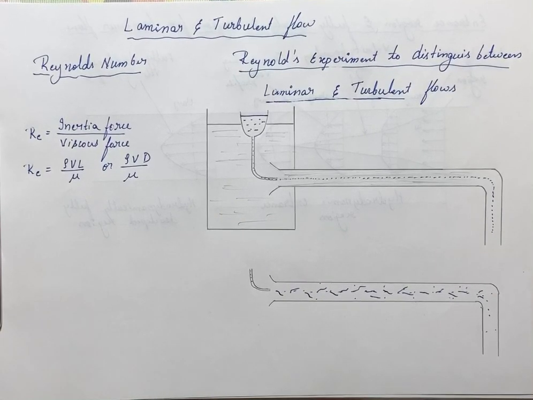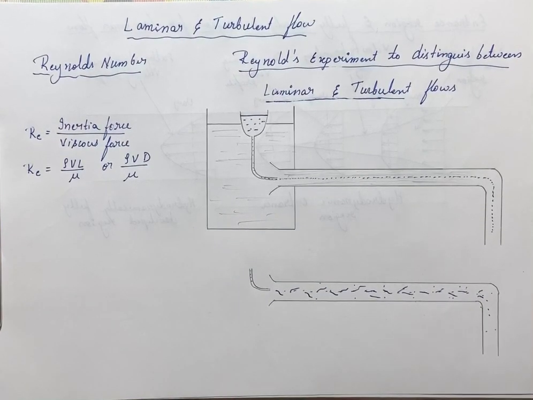Now, when do we call the flow turbulent? That is when the fluid particles vary irregularly, so that quantities such as velocity and pressure show random variation in time and space coordinates. Or else we can say the highly disordered fluid motion that typically occurs with high velocity, characterized by velocity fluctuation, is turbulent flow.